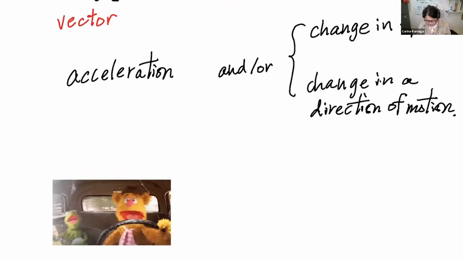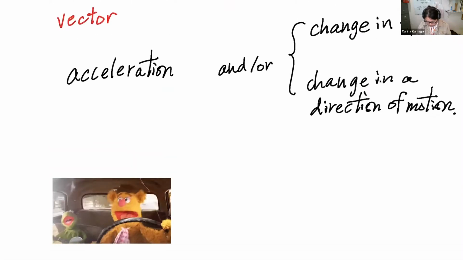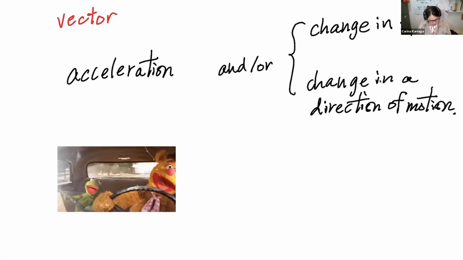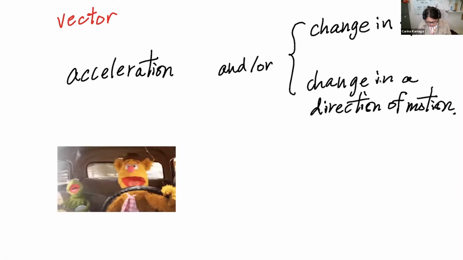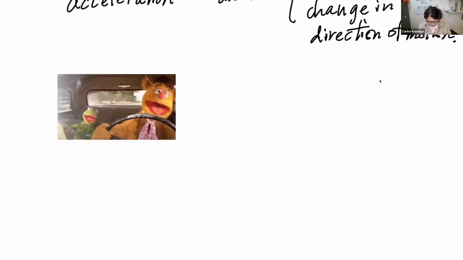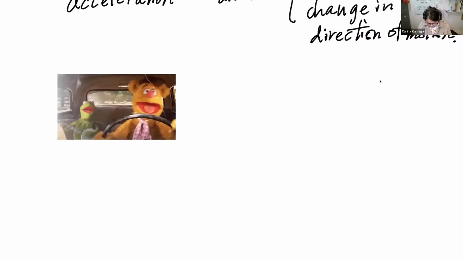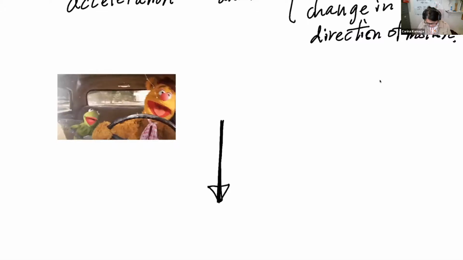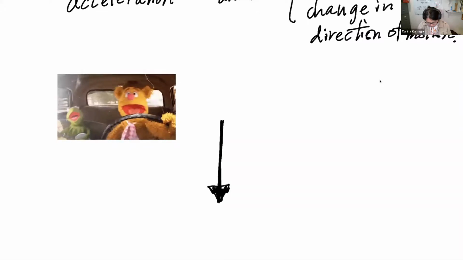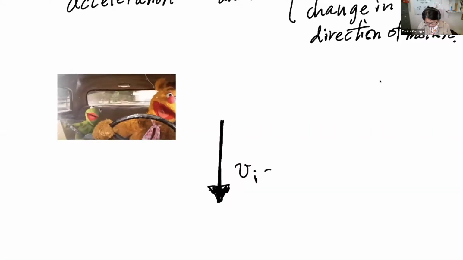It could be moving in this direction. This is the initial direction of the velocity. Let's say they're moving with 3 meters per second.